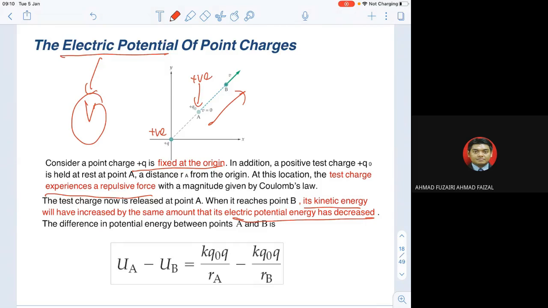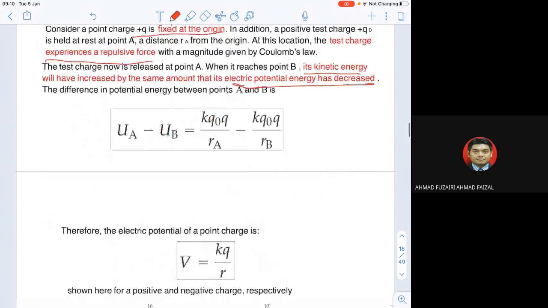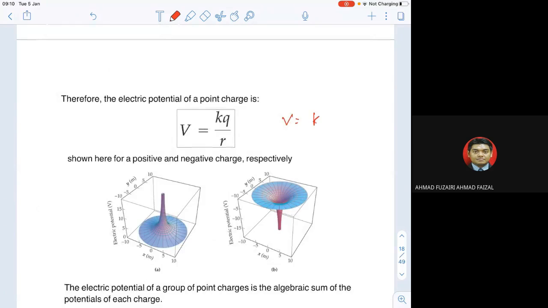The difference in the potential energy between point A and point B is considered as, I will make it easier for you, just use this one: V equals kQ over r. Remember to look at it carefully. This is the electric potential.